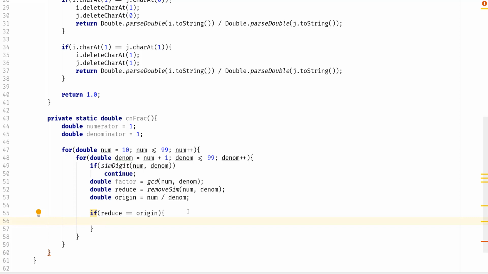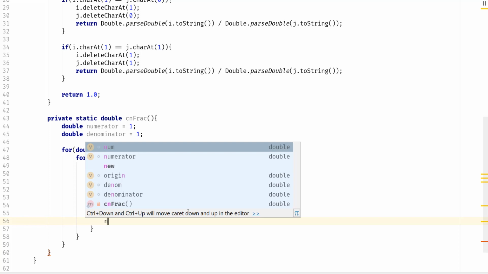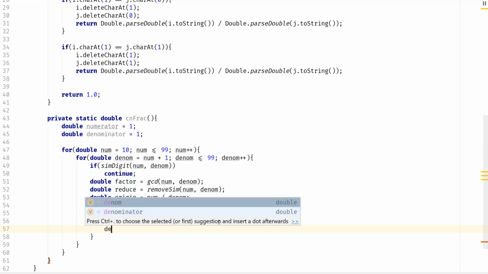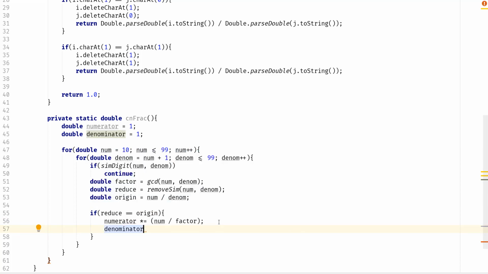So anyway, what do we need here? We need the numerator, which is going to times-equal the numerator divided by the factor, so we can reduce that. We get the factors in its reduced form, and the denominator is going to times-equal denum divided by factor.